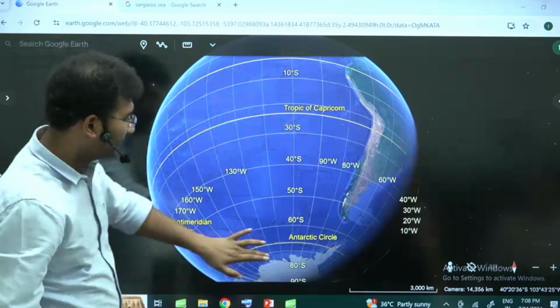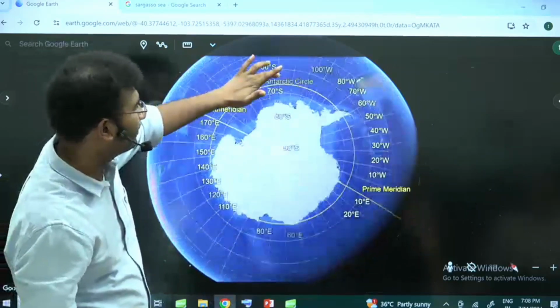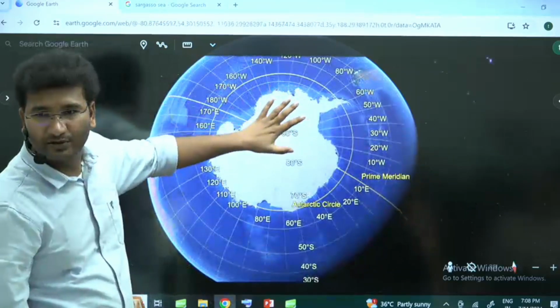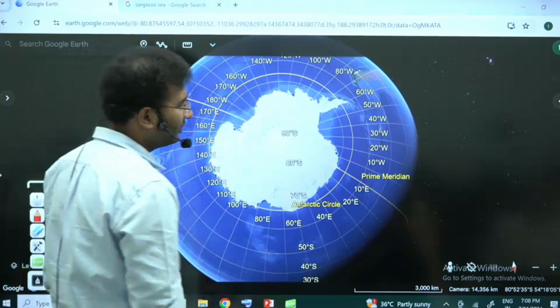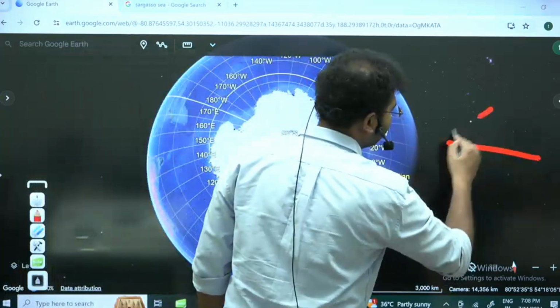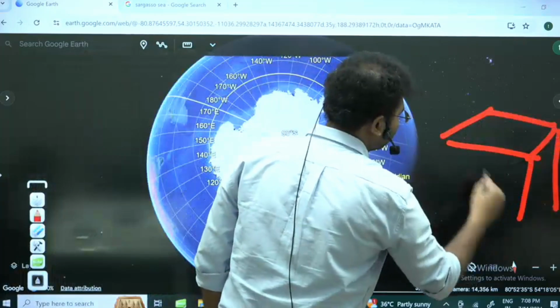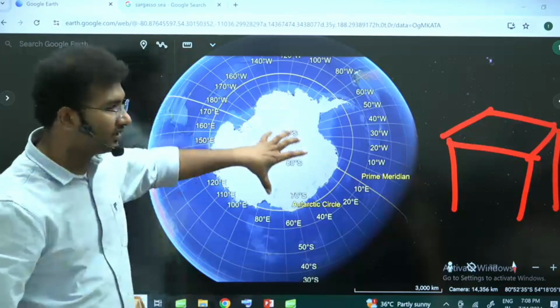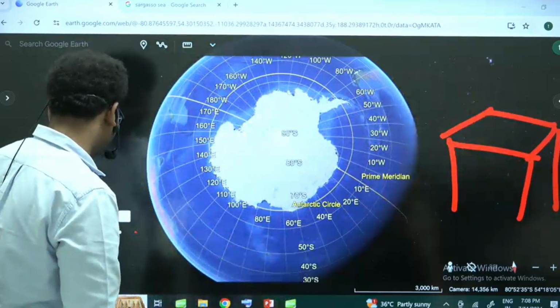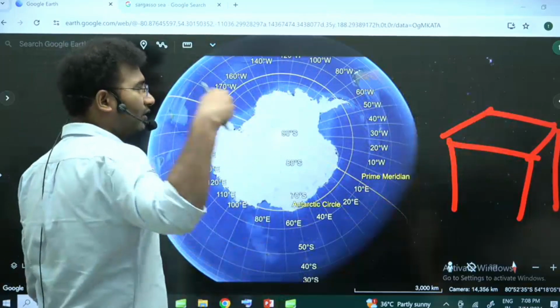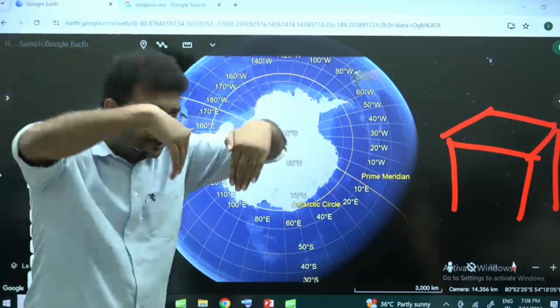And let me again explain the concept of west wind drift. Look at it from the South Pole. Okay? Look at this from the South Pole. See, I already told you that your Antarctica is a plateau. Right? This is Antarctica, which I have drawn here. Please try to imagine this. What kind of pressure do you have? The winds are sinking.